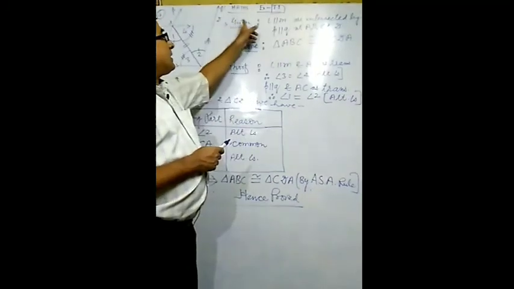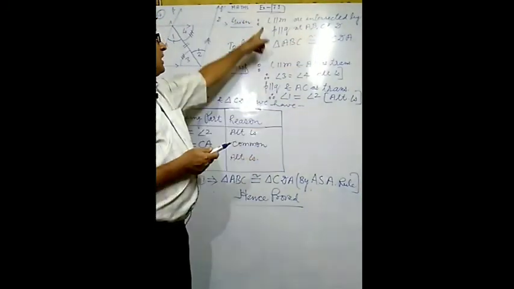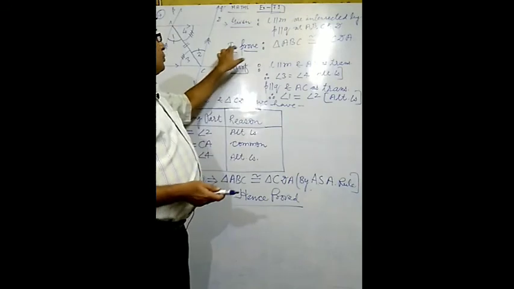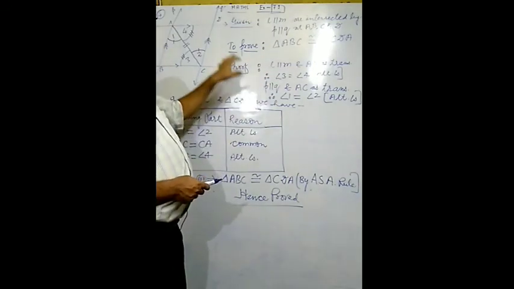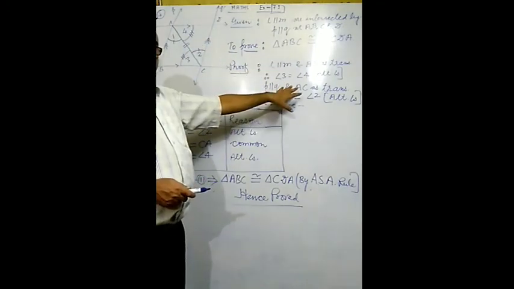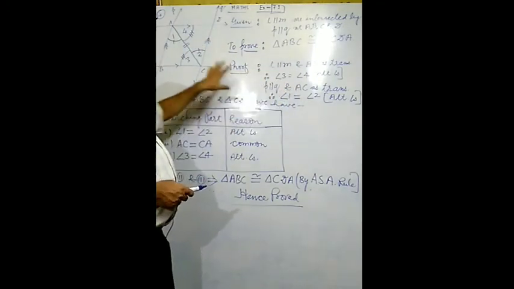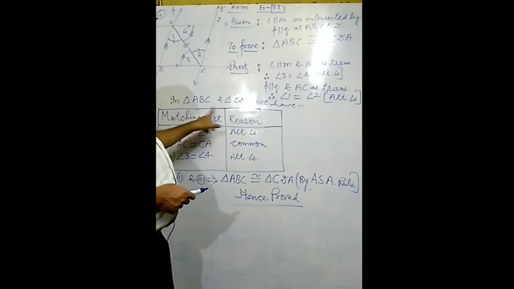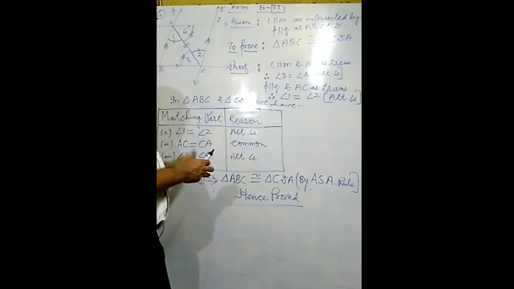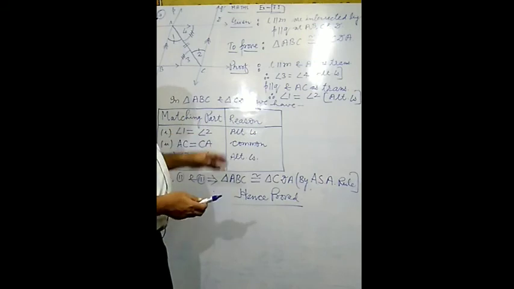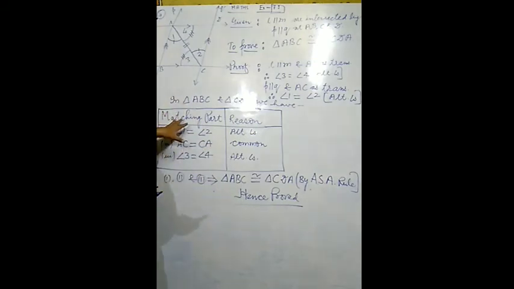You will note down what is given. The same I have noted down as in the book. What is to prove? I have noted down according to the book. Now the proof is there. What I explained is noted down here. These are matching parts and this one is the reason. Two columns should be there. Whenever you are going to match, the first column will be the matching part and the second will be the reason.